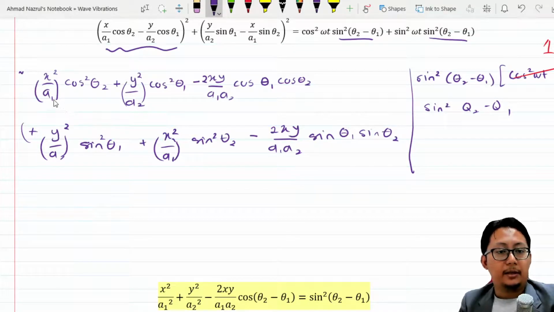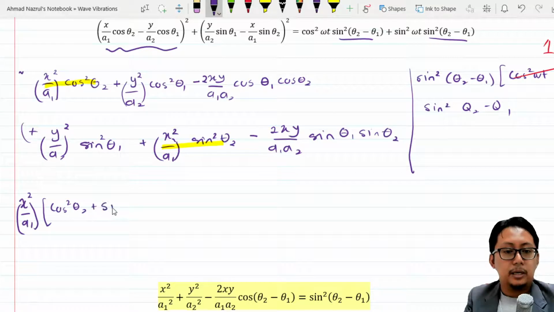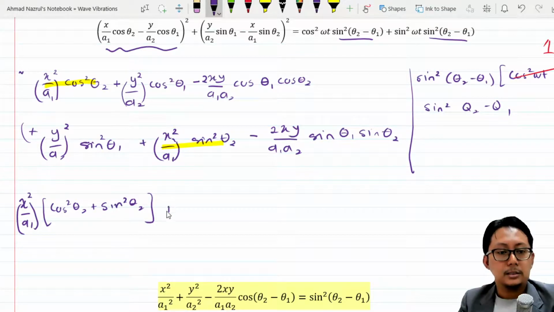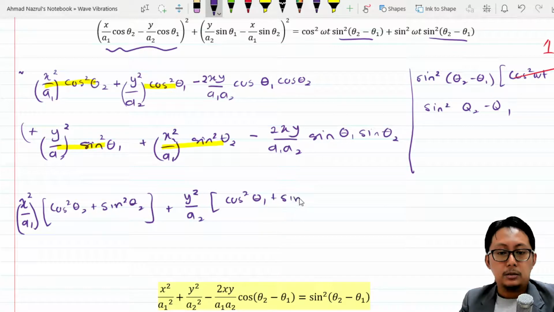So we add everything here. We have x over a1 square times cos square theta 2 plus sine square theta 2. Then we have here plus y over a2 square, also cos square theta 1 plus sine square theta 1.